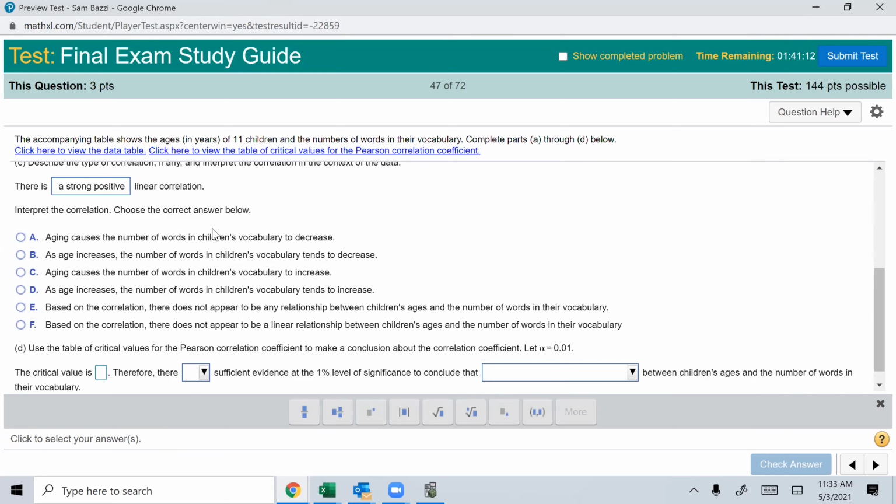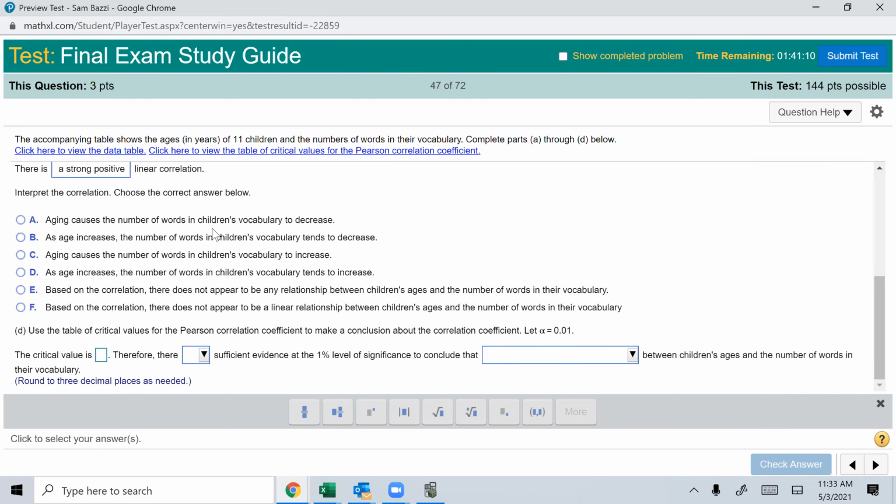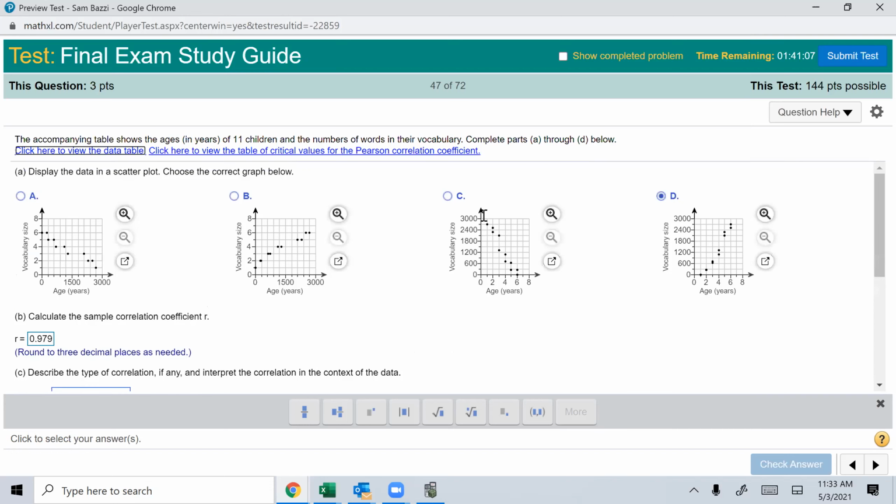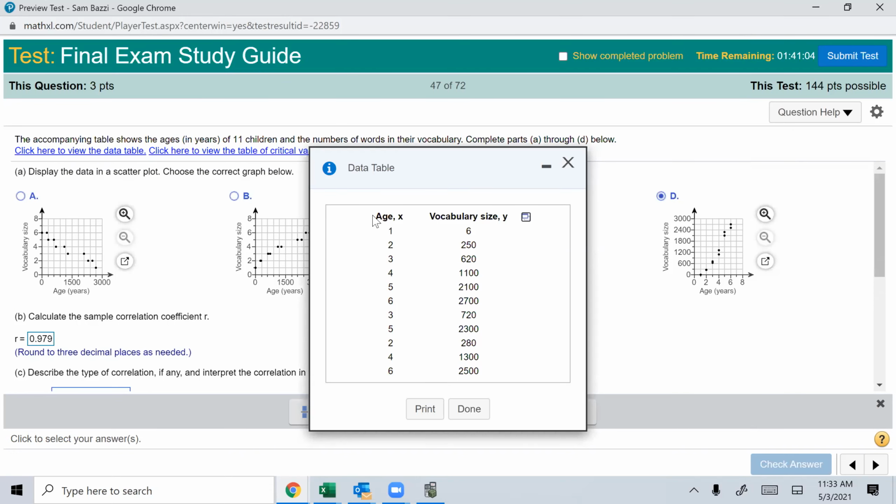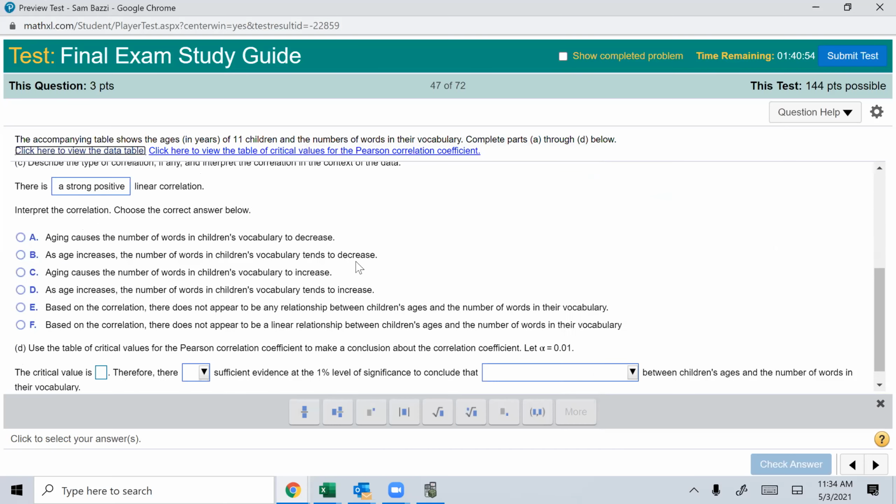How would you interpret this one? So you have to select, it's between age and vocab size. As age increases, people tend to retain more vocab words, vocab size tends to increase right there.